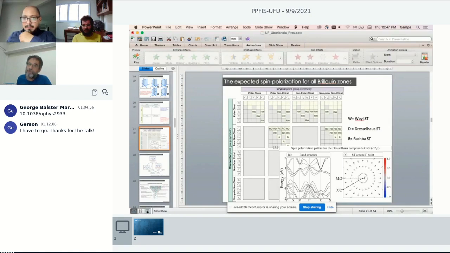Yeah, I guess it's something similar, because then your reciprocal space doesn't have any symmetry, or better, it has all the symmetry. It's spherical.